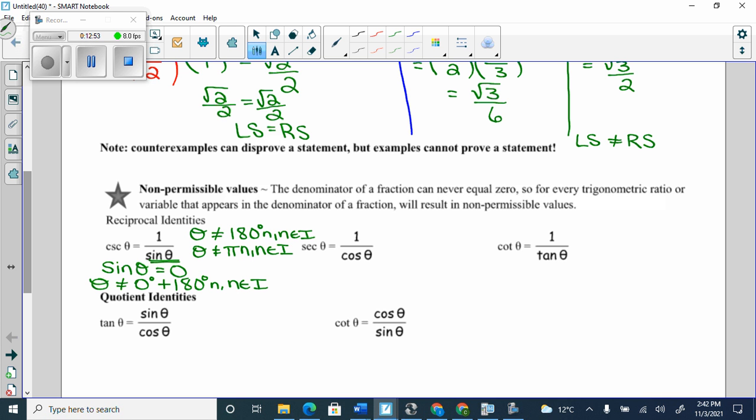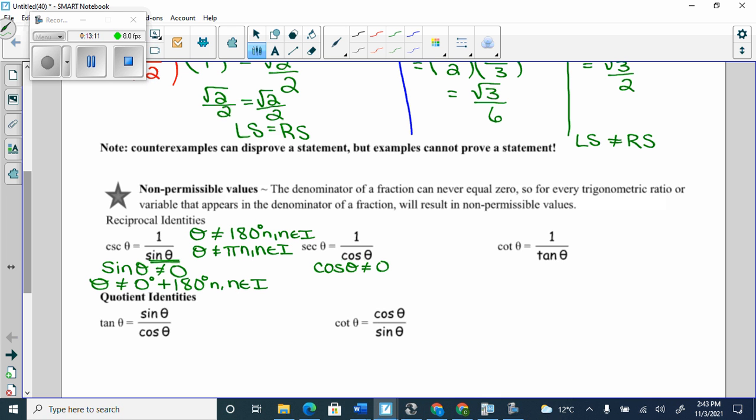Okay? What about secant? That's going to be cos. Cos can't equal 0. Where does cos theta equal 0? The y-axis. Where's the first one then? 90. And then? 270.